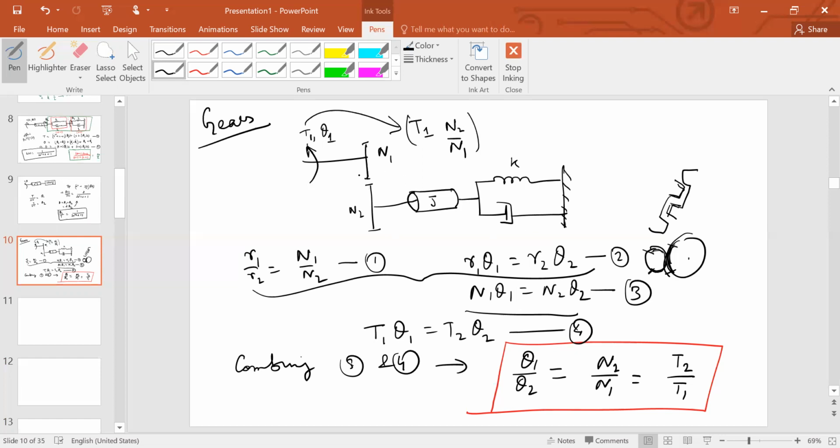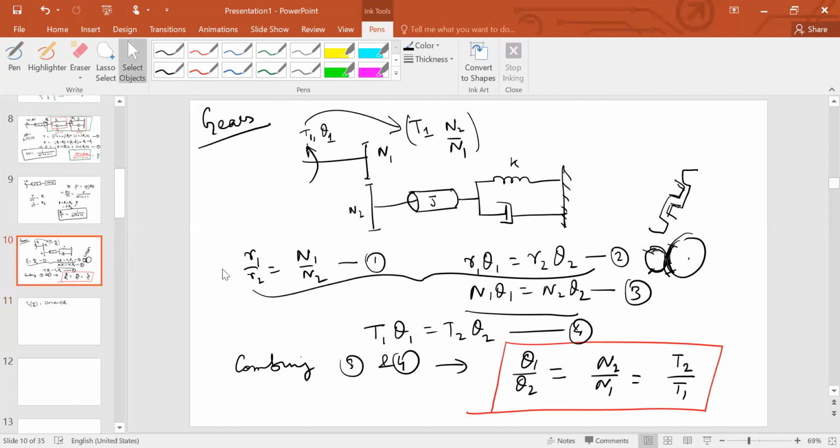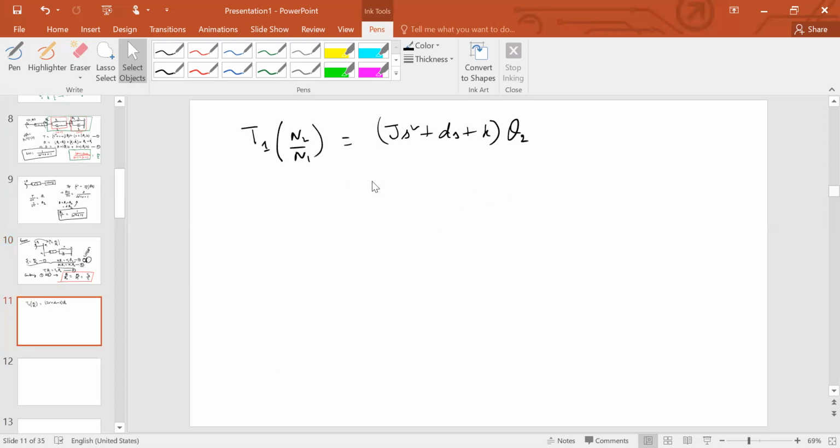So now you can forget about the fact that there was a gear here, and you can just apply this equation here. If I apply that equation on this side, quite simply, I would get T1 times N2 upon N1 is equal to the very standard Js squared plus Ds plus K times theta 2. But if the question is to find the relation between T1 and theta 1, then I have to again resubstitute theta 2 in terms of theta 1.